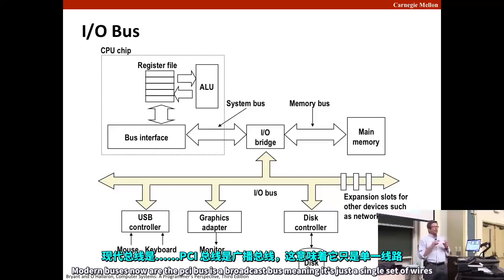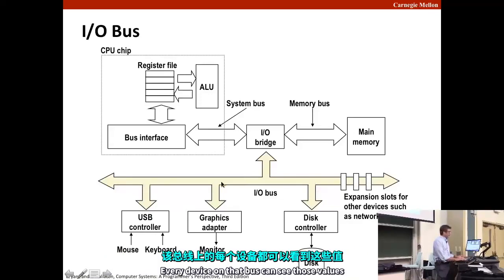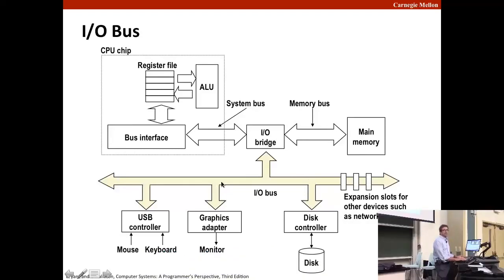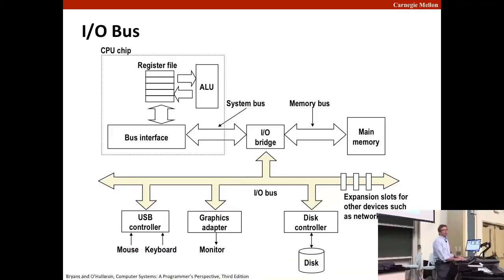The PCI bus is a broadcast bus, meaning it's just a single set of wires. So if any device changes the values on those wires, every device on that bus can see those values. That's called a broadcast bus, and it's the simplest kind of way to hook things together.